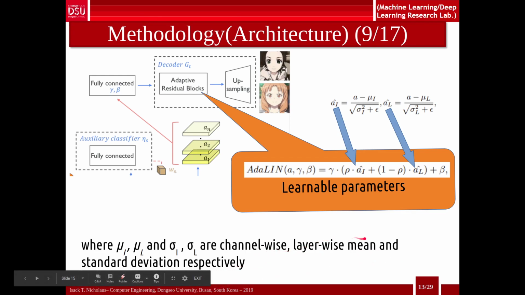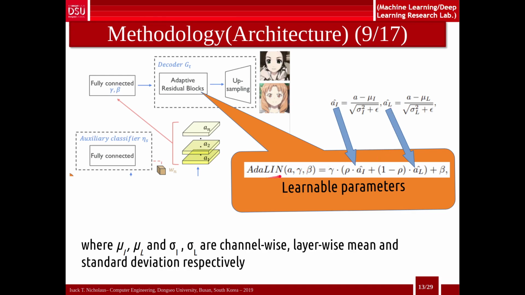So we take the given attention feature map, subtract the mean, and then normalize it by dividing by the standard deviation, and then we get a, which represents the attention feature map from instance normalization, and also the a with subscript L, which represents the attention feature map after performing layer normalization.